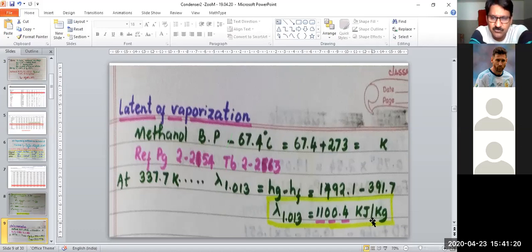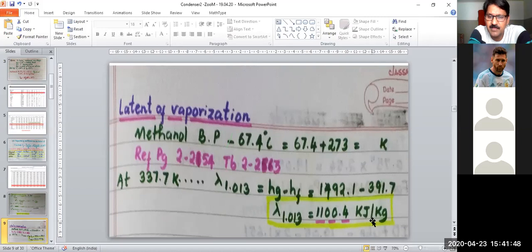I'll show that table also. Is it clear? No confusion, right? The methanol boiling point is 67.4, and that is only possible at 1 atmosphere. Directly, if you see, it will be 337.7 Kelvin. The corresponding value is lambda, at 1.01325. So lambda is always Hg minus Hf.